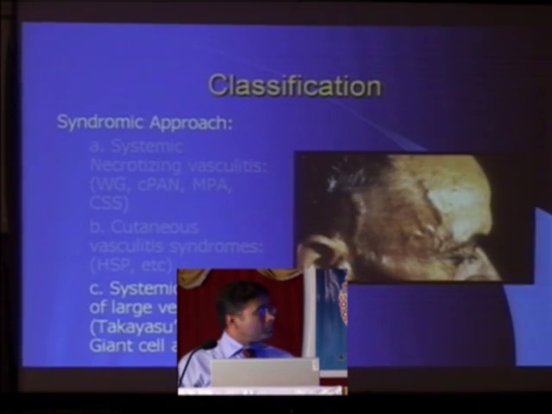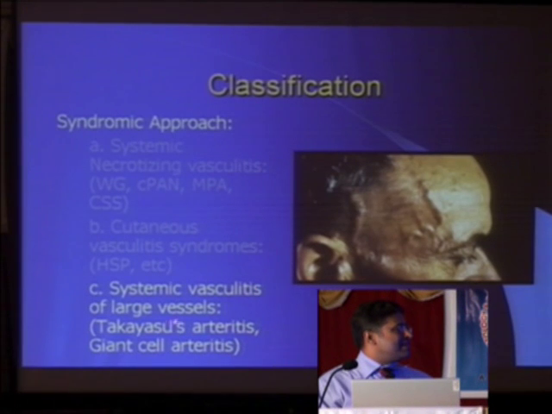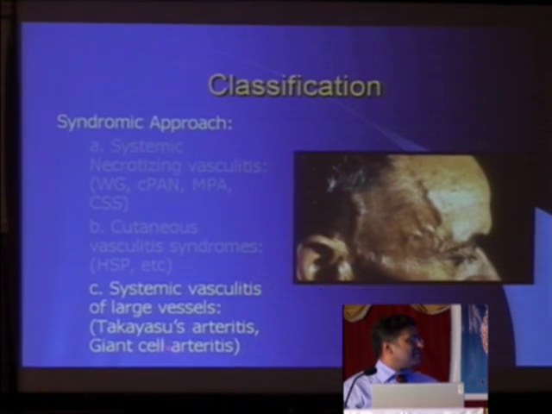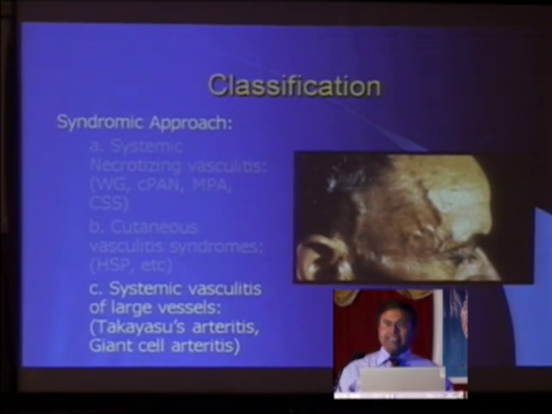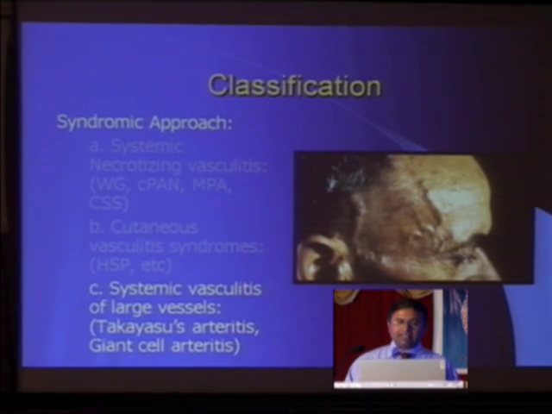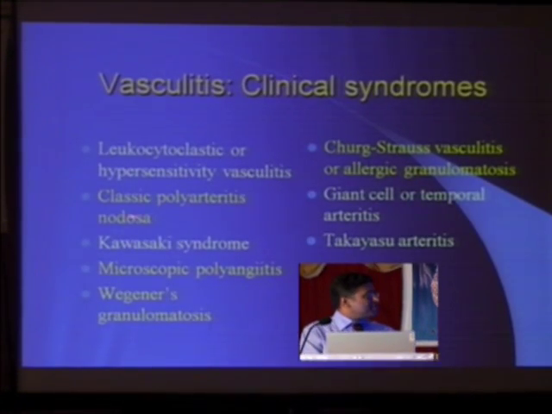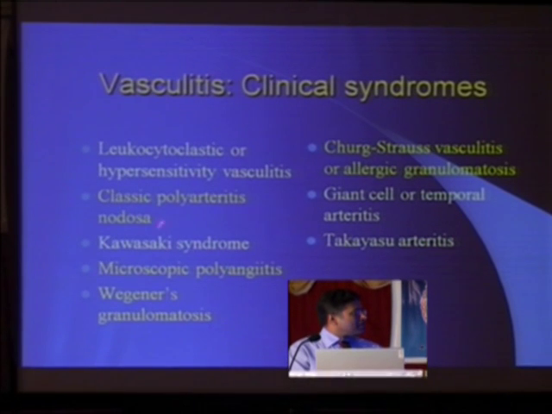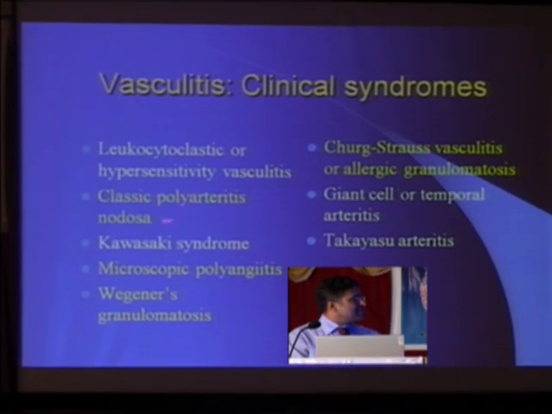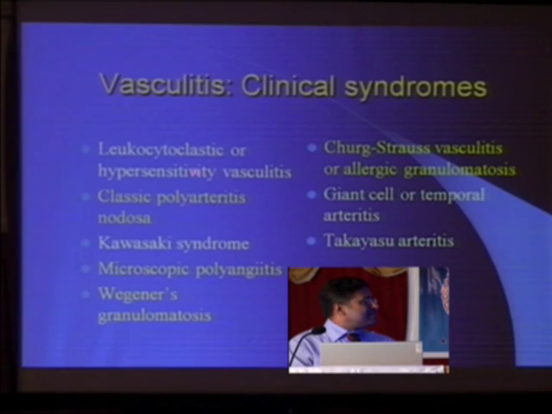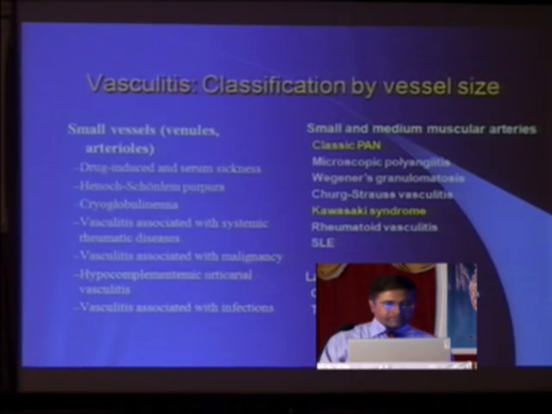And the third group is the large vessel vasculitis, in which there are 2 important ones: giant cell arteritis and Takayasu's arteritis. The ones marked in yellow are the systemic necrotizing vasculitis, the others I have just marked here.